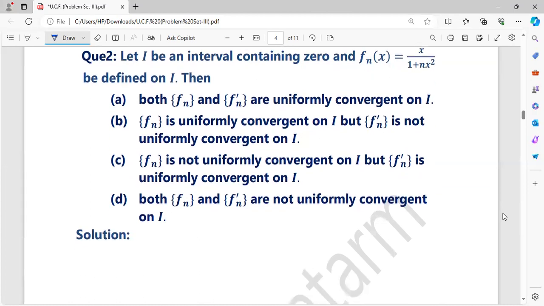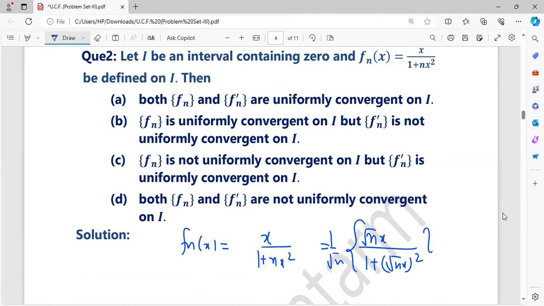Okay. Now see that f_n(x) is equal to x over 1 plus n x squared. So I can write this function as root n x upon 1 plus (root n x) squared, times 1 upon root n.